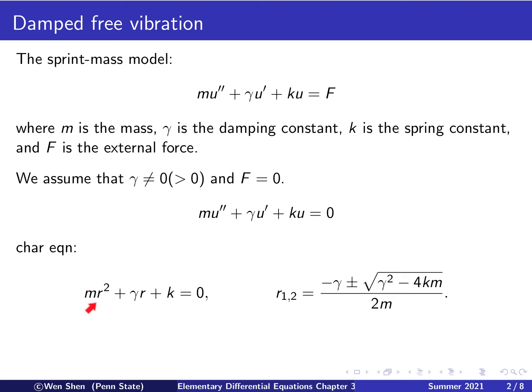We will write out the characteristic equation, which is m r squared plus gamma r plus k is 0. And this is a second order polynomial. In the general setting, we can write out the two roots r1 and 2 to be the following: negative gamma plus minus square root of gamma squared minus 4km over 2m.